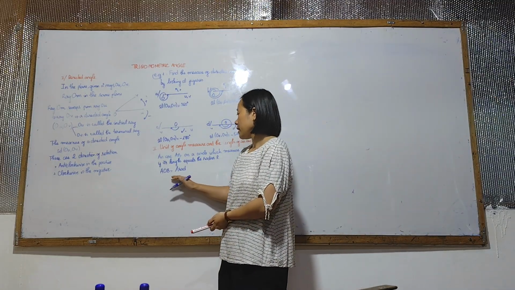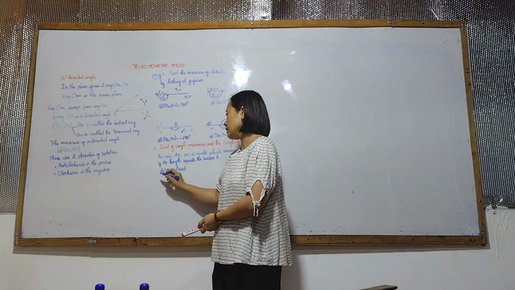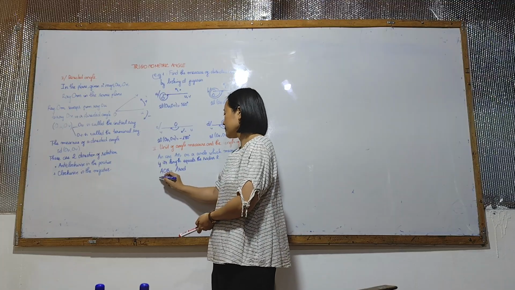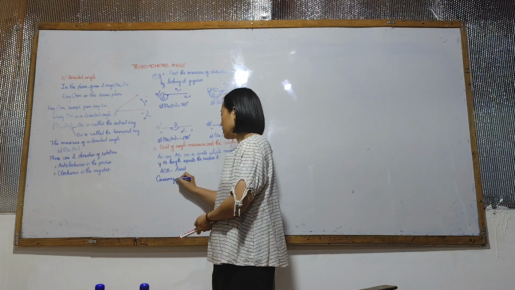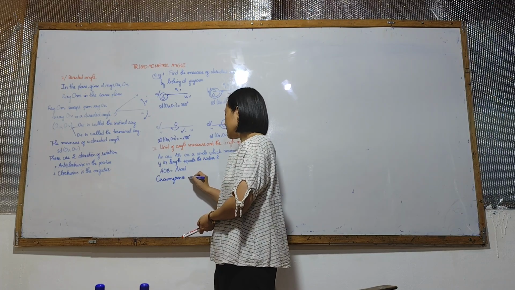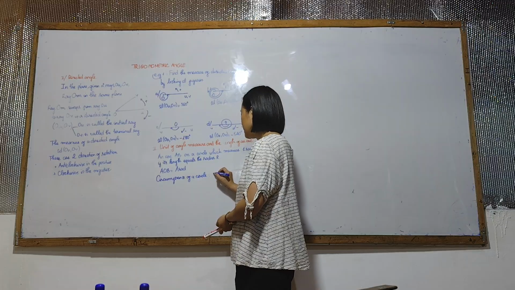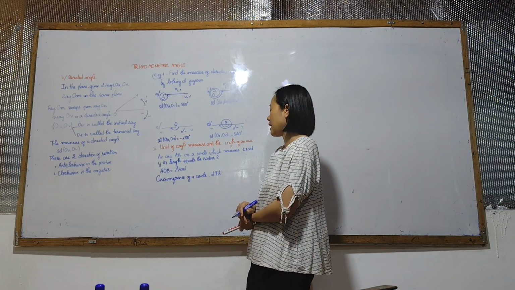Now, look at this. We know the circumference of a circle is 2 times pi times radius r.